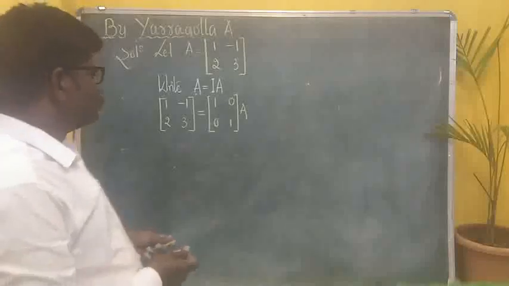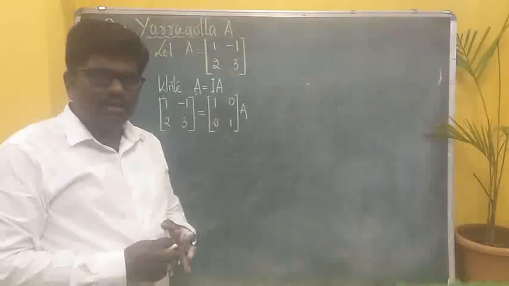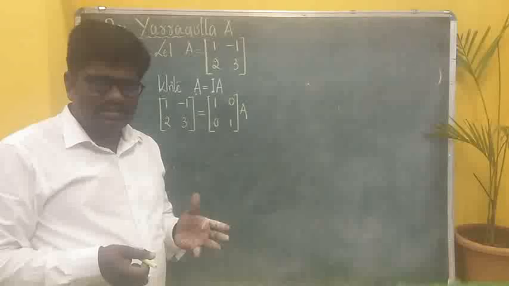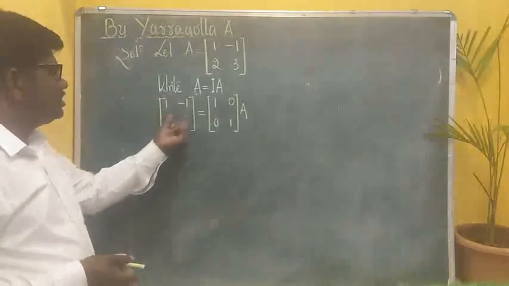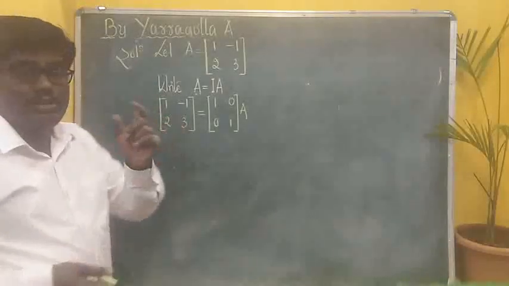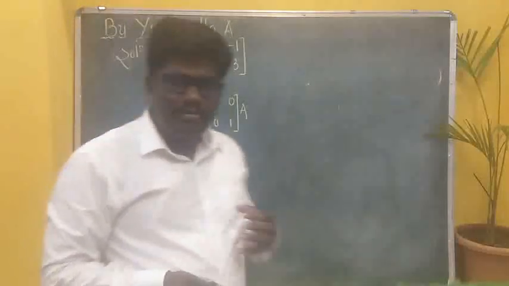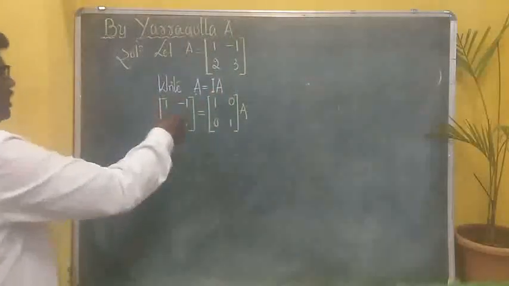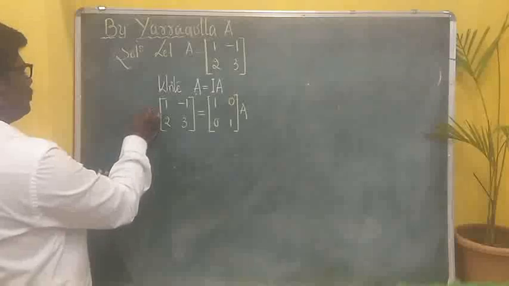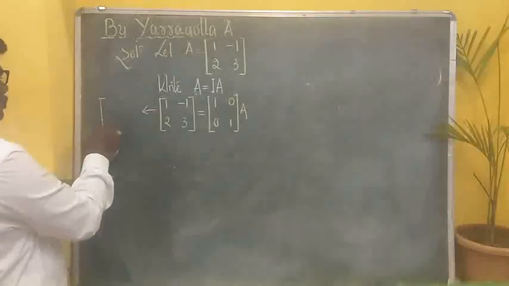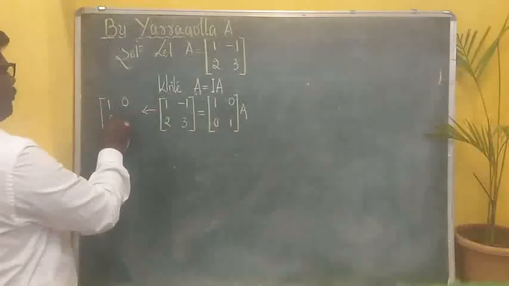Now listen to me carefully. Our main target here is to make the left hand side a unit matrix. I mean, try to make the left hand side matrix the 1 0 0 1 matrix.